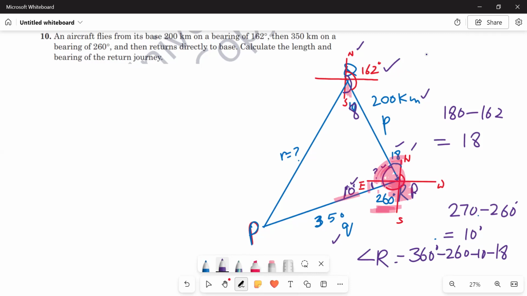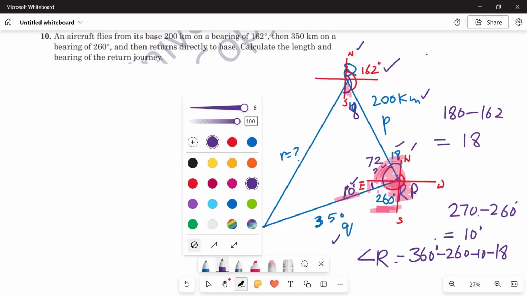Angle R is 360 minus 270, and minus 18. So this angle is 72.